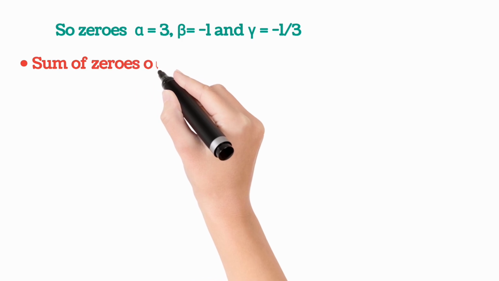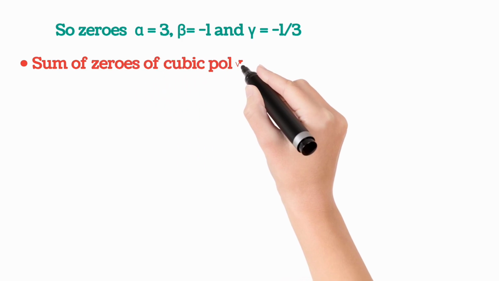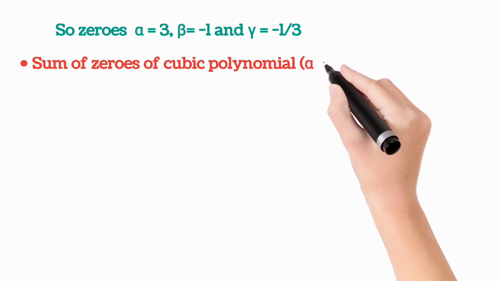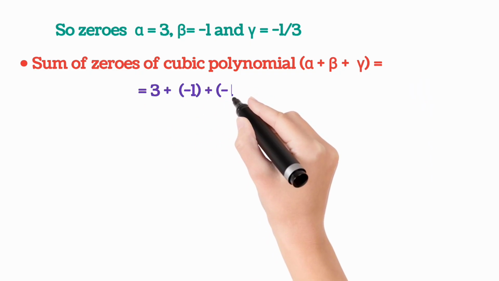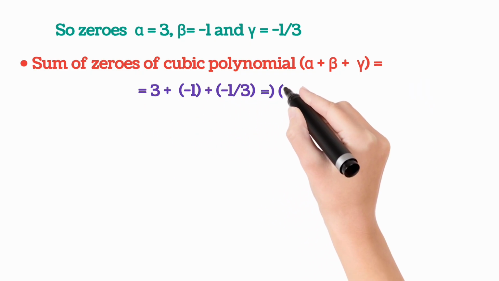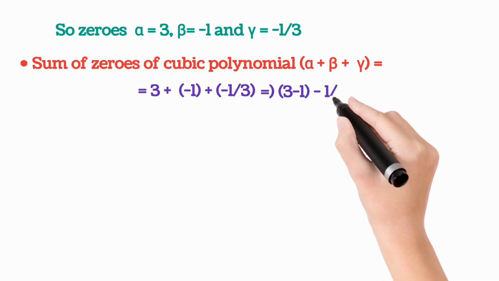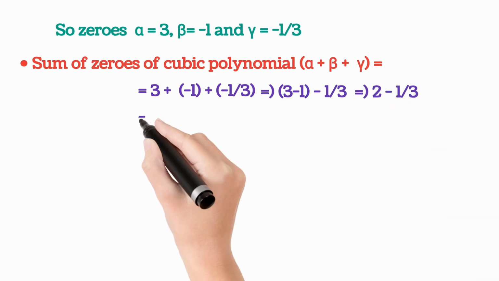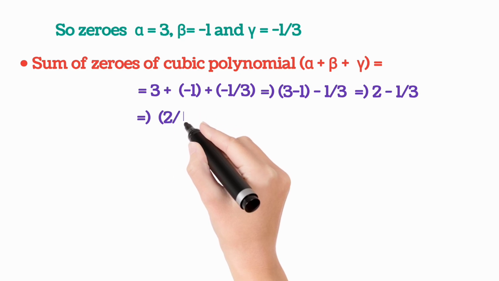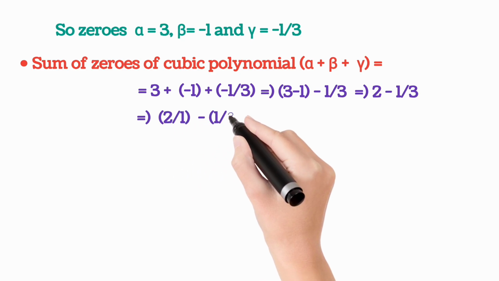Sum of zeros of cubic polynomial: alpha plus beta plus gamma is equal to 3 plus (minus 1) plus (minus 1 by 3), which implies 3 minus 1 minus 1 by 3, that is 2 minus 1 by 3, which can be written as 2 by 1 minus 1 by 3.